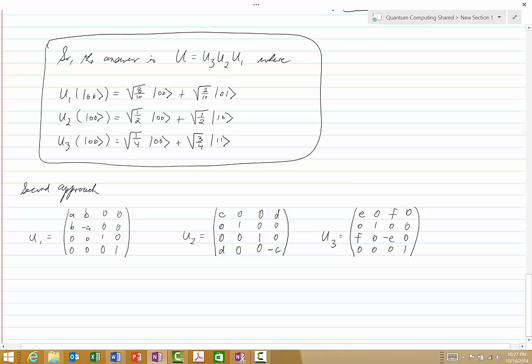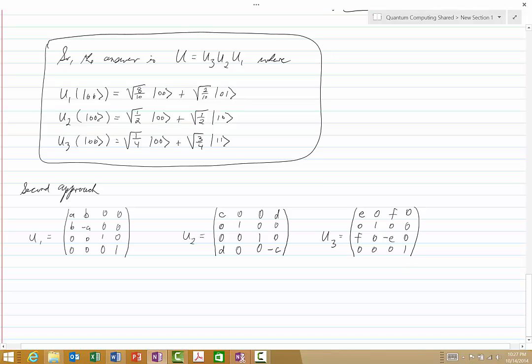So there would be really two choices for the U1 matrix, two choices likewise for the U2 matrix, because while the first column is definitely C00D, the last column could be D00C or minus D00 positive C. And finally, there's two choices for this one as well.